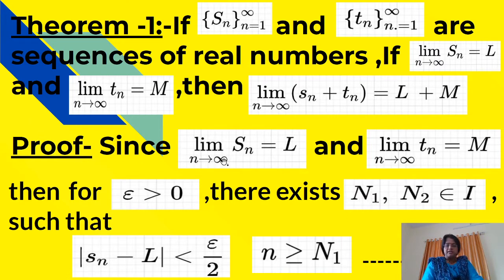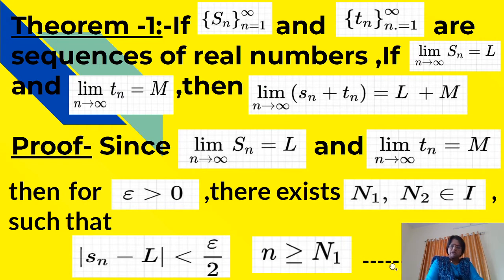Since limit n tends to infinity Sn is equal to L and limit n tends to infinity Tn is equal to m, then for given epsilon greater than 0, there exist n1 and n2 belonging to I such that modulus of Sn minus L is less than epsilon by 2 for n greater than or equal to n1.